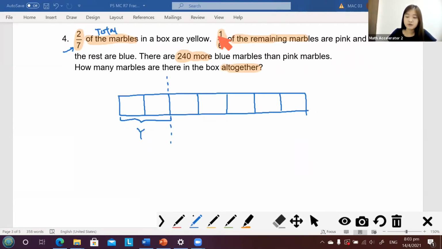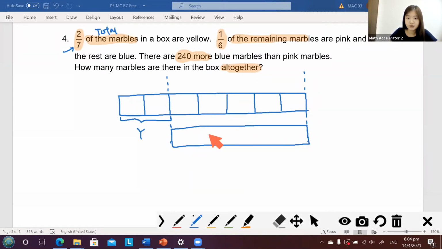Alright, so the fraction for the remainder is 1 out of 6. So you can check your model. Do you have 6 units? 1, 2, 3, 4, 5. You don't have 6 units, so you have to drop down the model so that you have a new model to split into 6. This is the remainder.